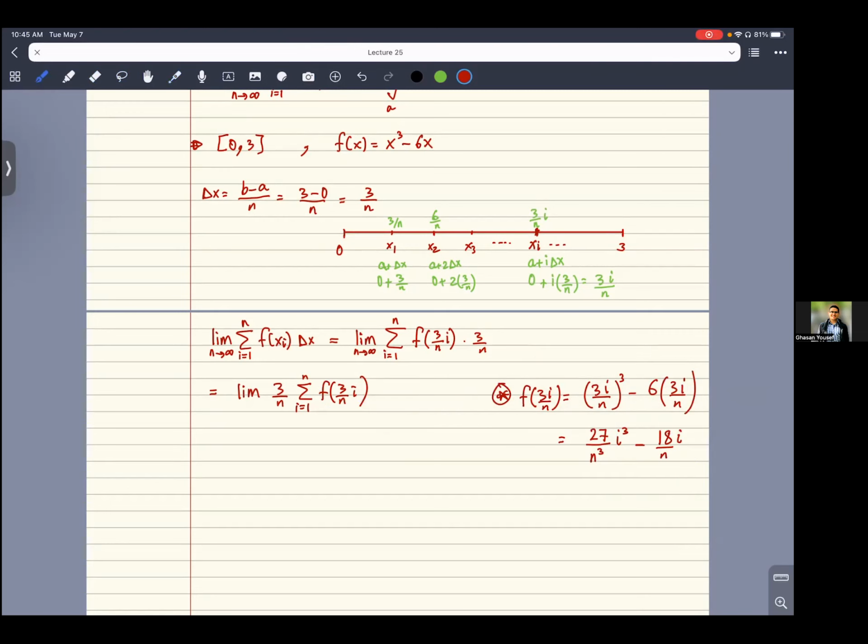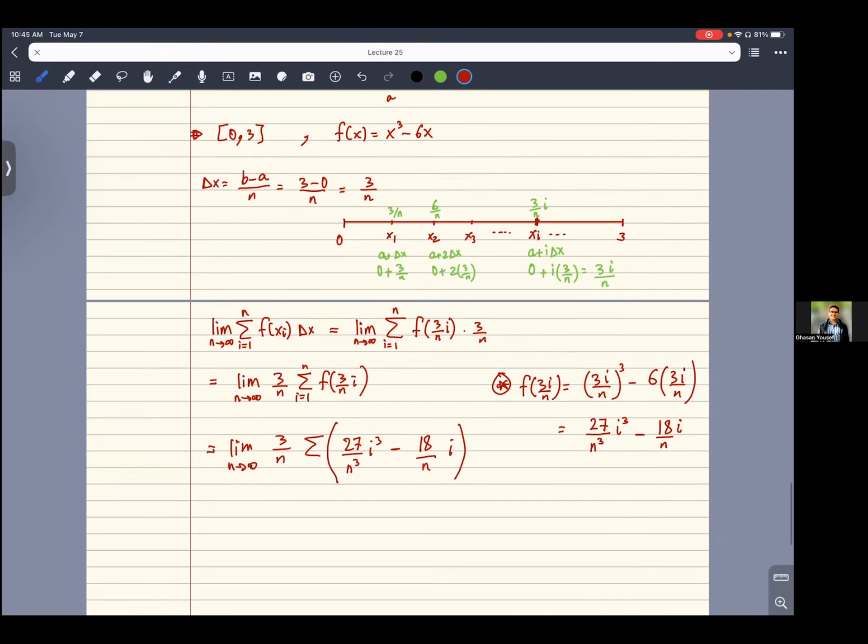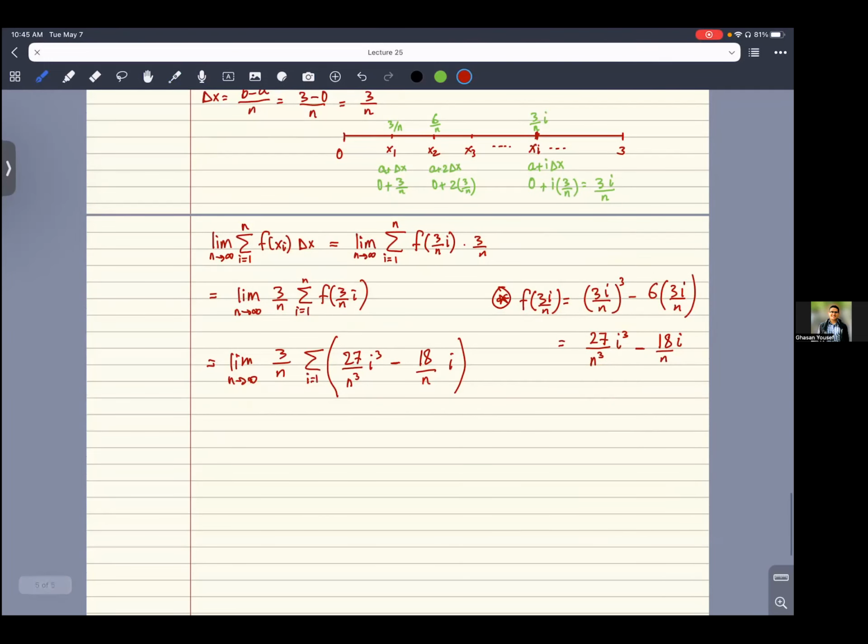This is equal to the limit as n goes to infinity of 3 over n times the sum of 27 over n to the power 3 times i to the power 3 minus 18 over n times i, from i equals 1 to n.